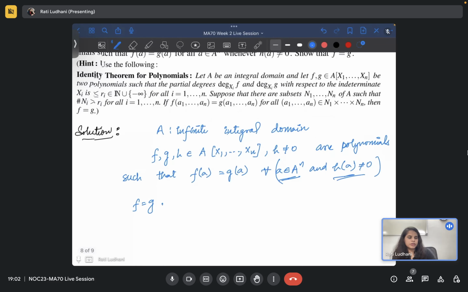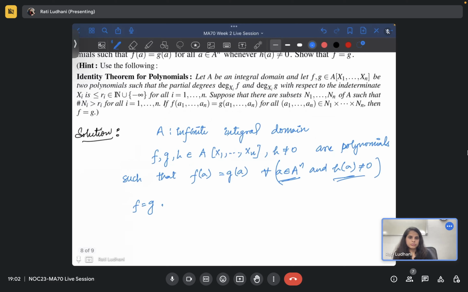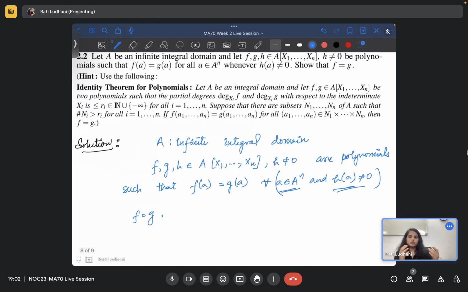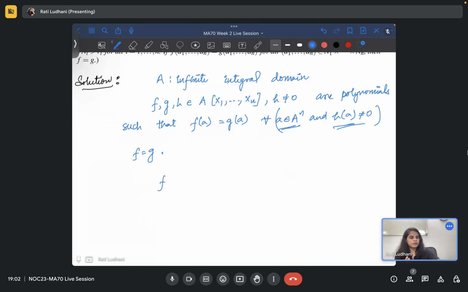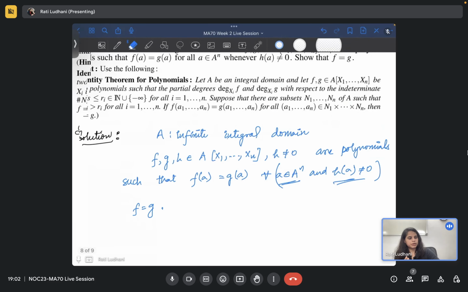So we can recall the identity theorem for polynomials. What does this say? Basically, two polynomials that are the same on some big set have to become equal.